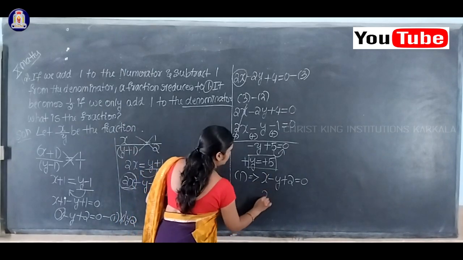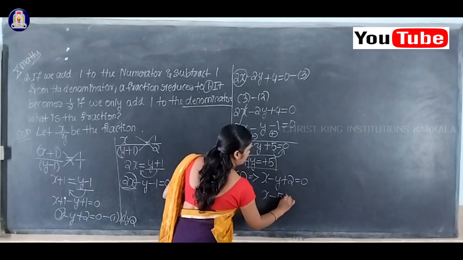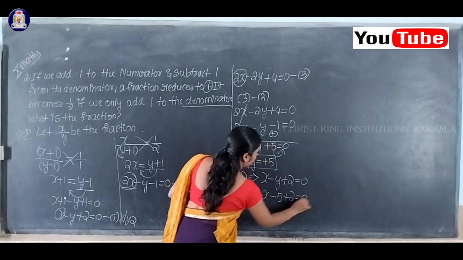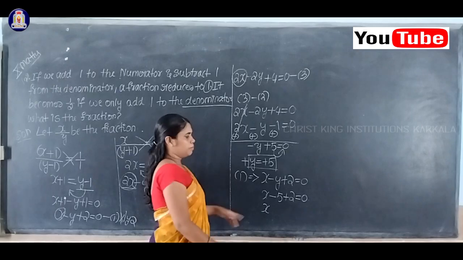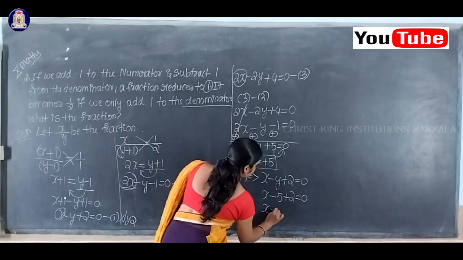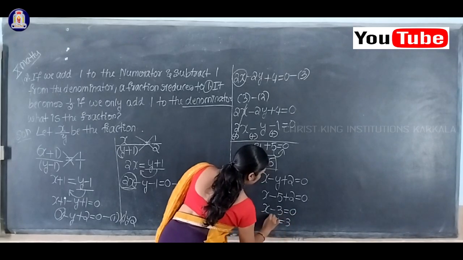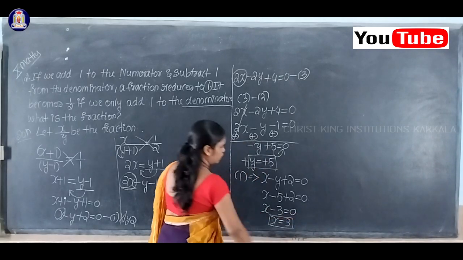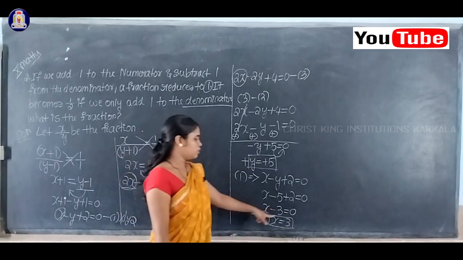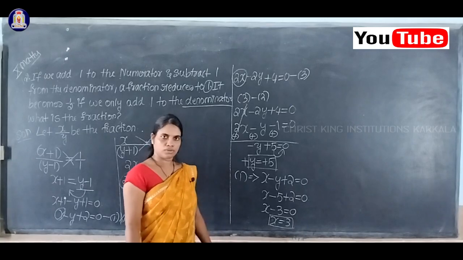Now x value we don't know, minus y value 5, plus 2 equal to 0. So x minus 5 plus 2 equal to how much? Minus 3 equal to 0. Therefore the value of x is equal to 3. The value of x is 3, the value of y is 5.